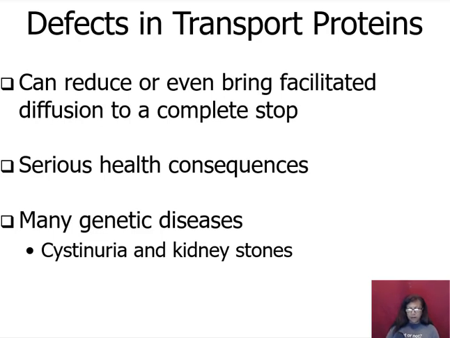For example, in cystinuria, individuals are supposed to be moving cysteine out and they can't. It builds up and ends up forming kidney stones because they can't move the cysteine out of the kidney cells, okay?